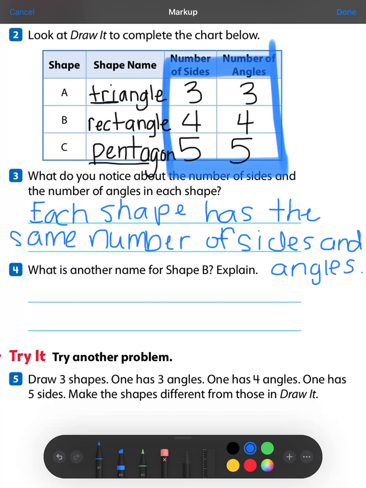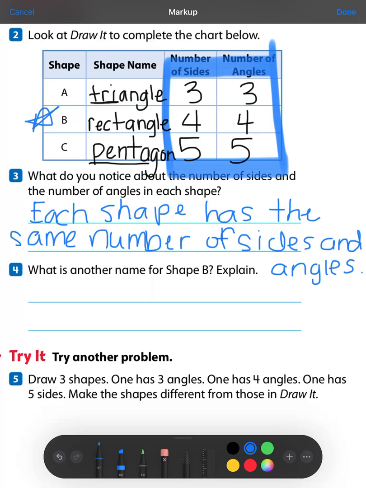All right. Now let's look at number 4. What is another name for shape B? Explain. All right, shape B is a rectangle. Do you guys remember from yesterday what that shape can be called? Yesterday we talked about shapes with 4 sides and 4 angles. It's a big, long word. Does anybody remember? Shapes with 4 sides and 4 angles are not always rectangles because they might be shorter or they might not always have the same length of sides.